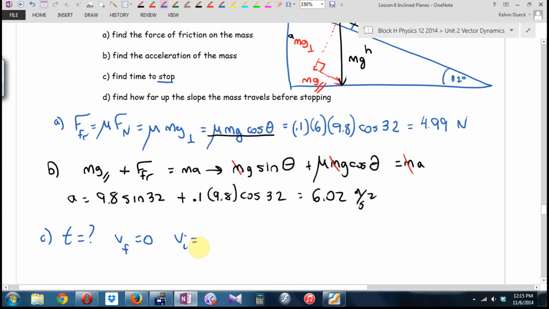Did they? Yeah. What was VI? 20. What else do I know? What's the acceleration? Now we're back in the last unit. Are we slowing down or speeding up? Slowing down. So I have to now manually add the negative.